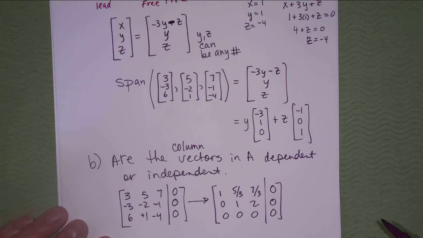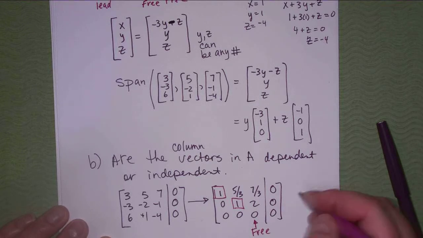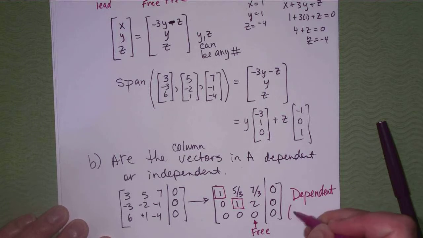Does this have a free variable? Well, there's a lead 1 here, and there's a lead 1 here, and is there a lead 1 for the z? No. This one's free. So it's dependent.